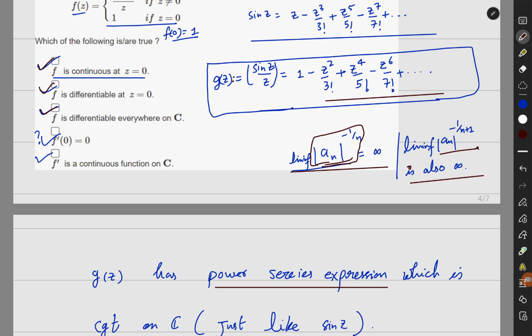The very last question is: f prime is continuous on C. That was done in class: when you have a power series expression, they are differentiable in the radius of convergence, but the radius of convergence is infinite in this case, so they are differentiable everywhere. So f prime is differentiable, f double prime is also differentiable, so they are actually infinitely differentiable. f prime is continuous also, so the last option is also correct.